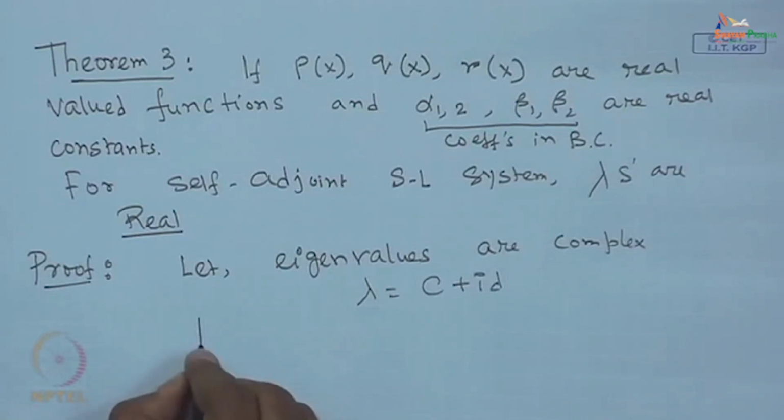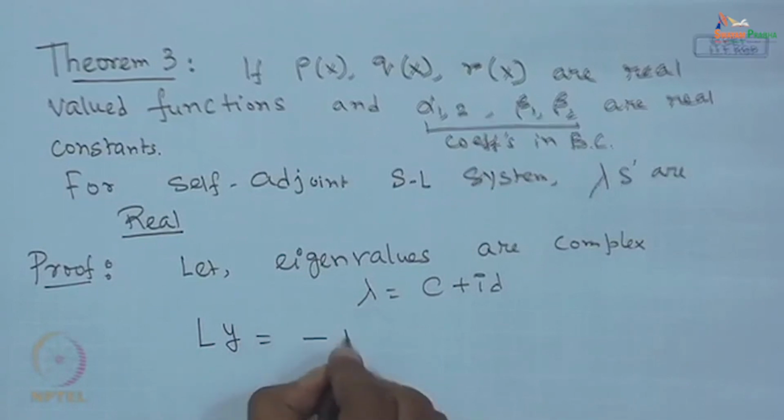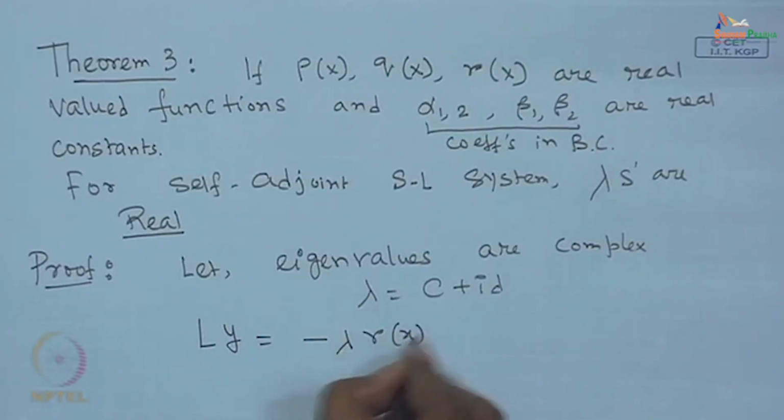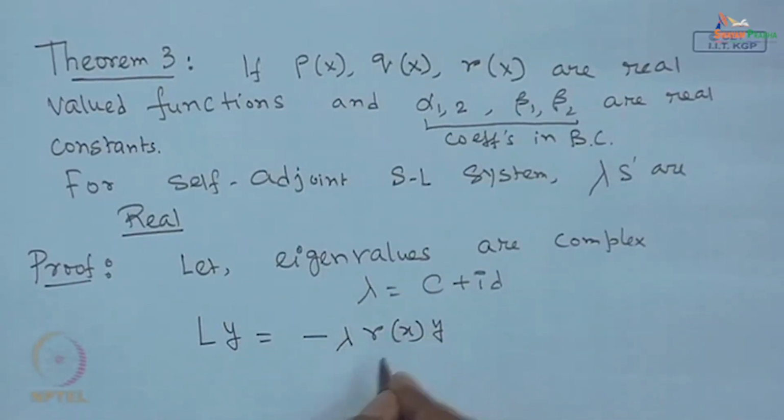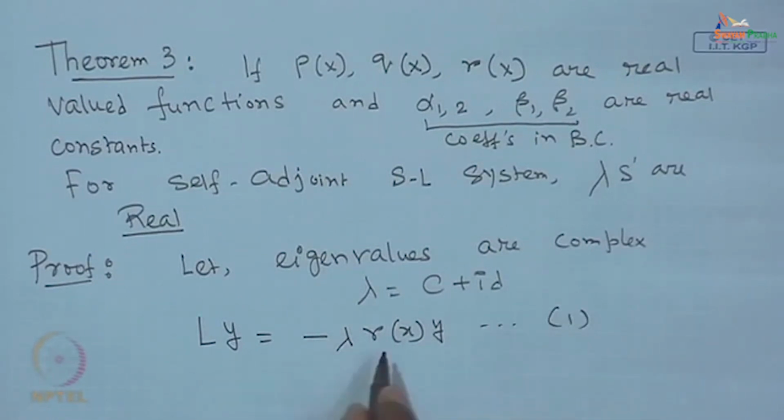We write the eigenvalue problem, L y is equal to minus lambda r y. This is equation number 1, the standard Sturm-Liouville problem. We take the complex conjugate of this equation.